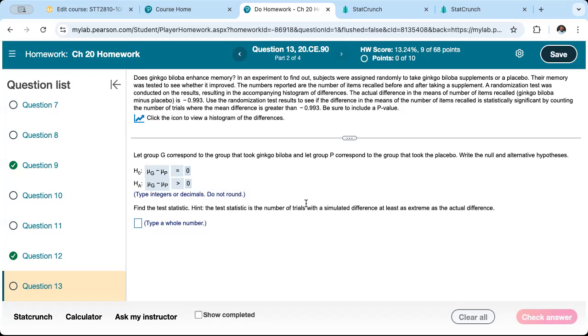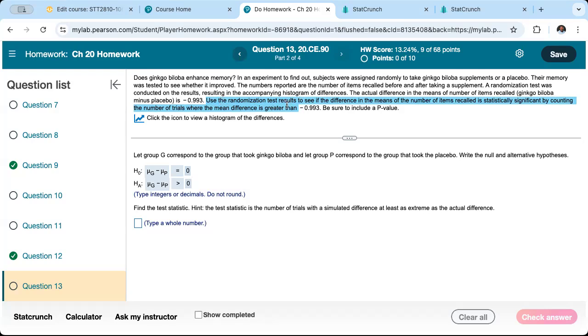Okay. Now we want to find the test statistic. So this is a bit different from what we did. They've given you the idea to be able to get a test statistic. They said it here, this part. It says using the randomization, right?